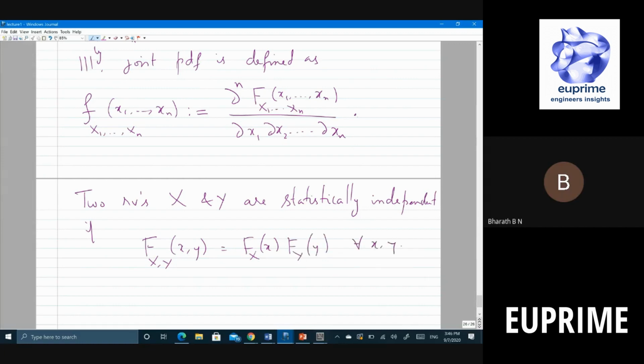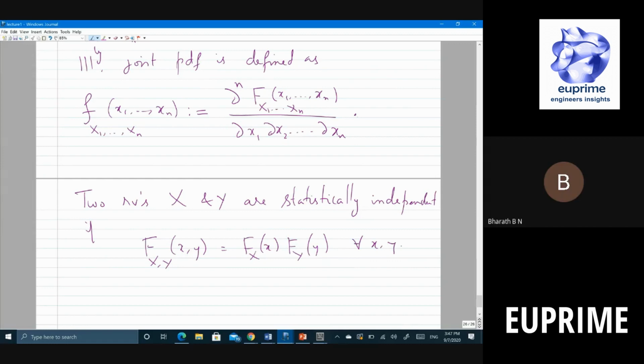Then we say that x and y are statistically independent. Similarly, I can define statistical independence of n random variables, because I know how to define statistical independence of n events. If I have random variables, I know how to convert that into events. So this is one definition for independence.